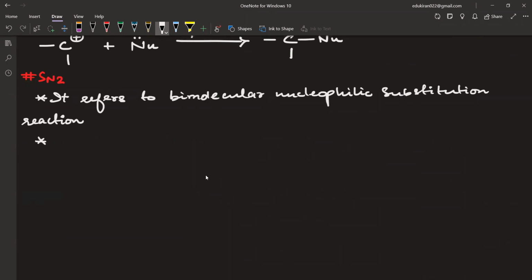Next point. What happens in SN2? SN2 is that type of reaction which depends on both the concentration of the alkyl halide, that is the substrate, as well as the nucleophile.